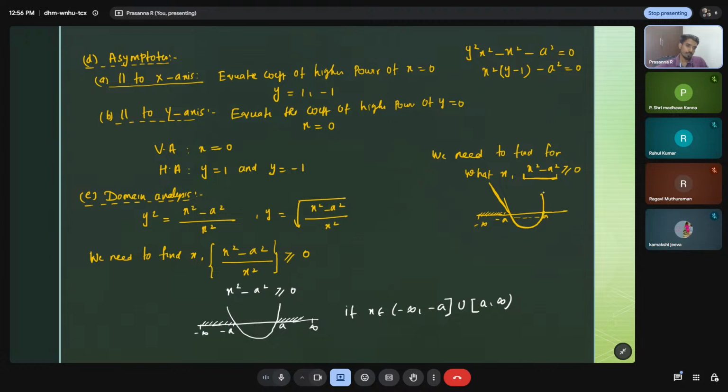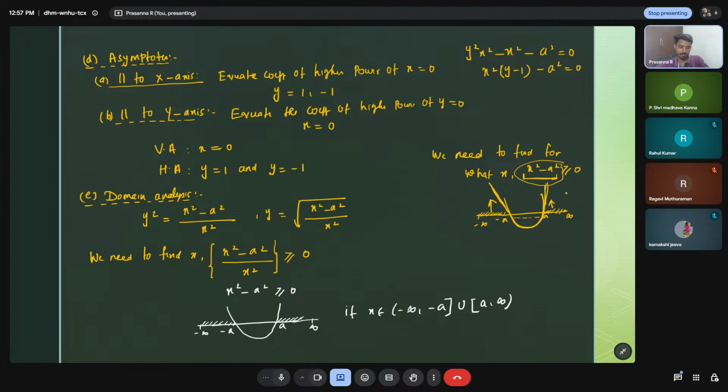And from a to infinity, again the outputs are positive. So for what x is the output greater than or equal to 0? From minus infinity to minus a, the outputs are greater than 0, and from a to infinity, again the outputs are greater than 0. So whenever x belongs to minus infinity to minus a union a to infinity, the x square minus a square output will be greater than or equal to 0. Is it clear?